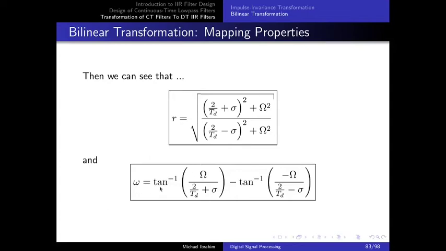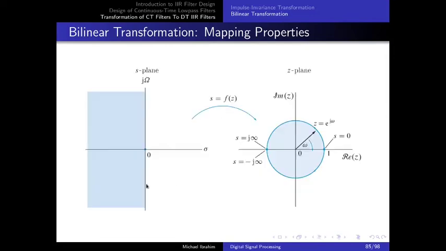And if you check the frequency over here, tan inverse of infinity is pi by 2 minus tan inverse of minus infinity, which will give you minus pi by 2. So omega will be pi, which is clearly seen over here.